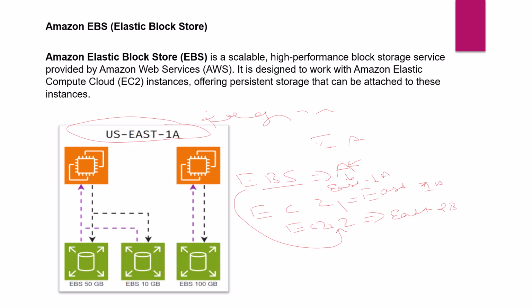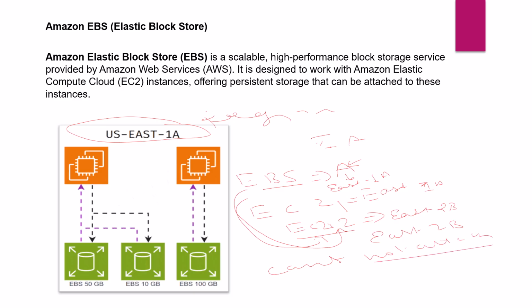Then you cannot attach it, because when you created this EBS volume you provided the availability zone 1A, and now at the time of attaching, you are attaching this volume to the EC2 in availability zone 2B. Then you cannot attach.